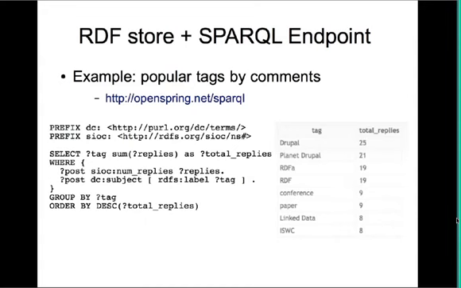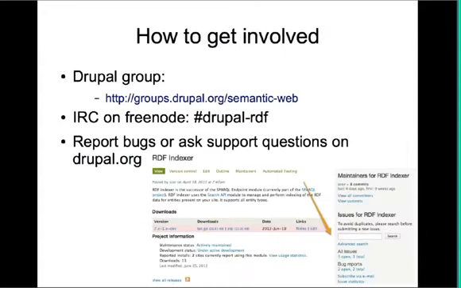So, okay, this is the end of my slides. I just wanted to tell you how to get involved if you want to subscribe to our group. We have a Semantic Web group where we will keep people updated on the progress we are making for RDF and Semantic Web in Drupal.